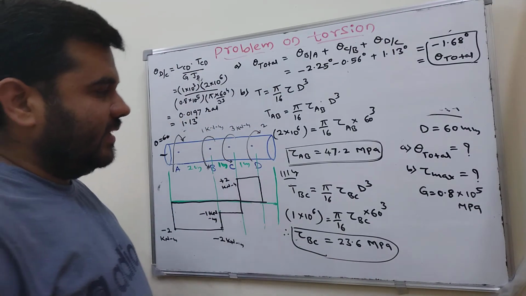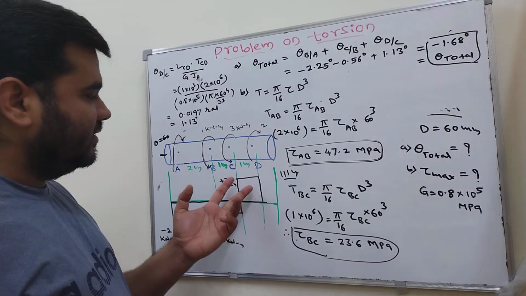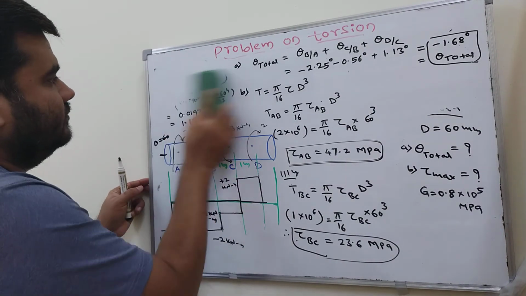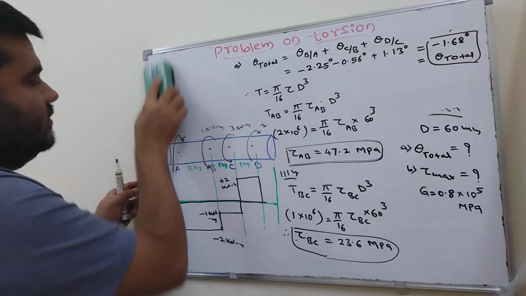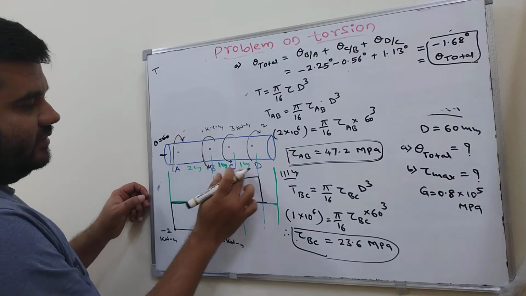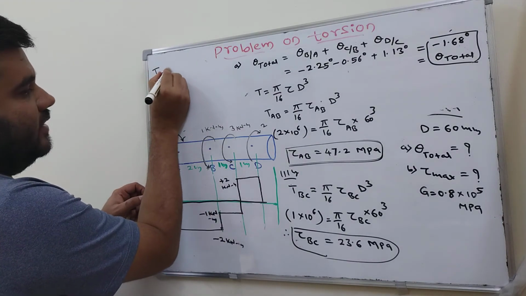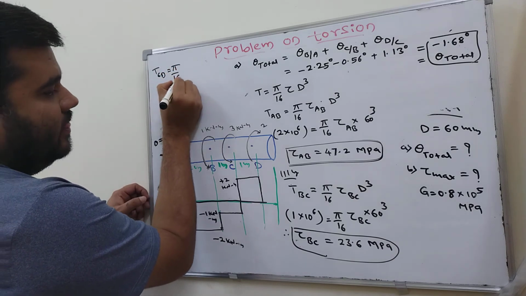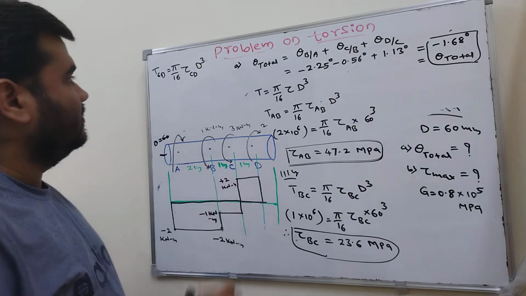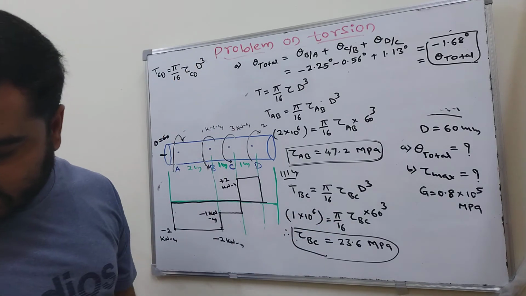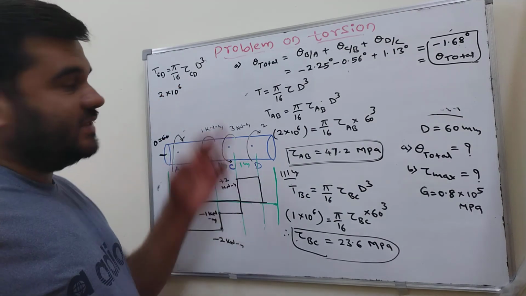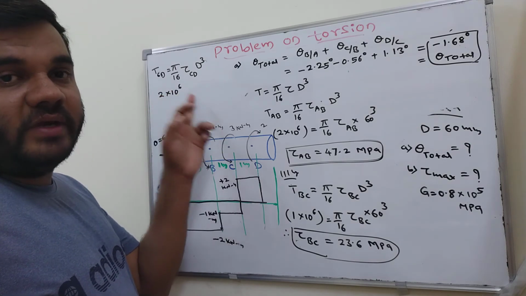Okay, so similarly calculate the other remaining section here. The remaining section is CD. I will apply torque at section CD equal to pi by 16 into shear stress at section CD into diameter cube. CD, how much? We calculated before, that is 2 into 10 raised to 6, because it is in kilonewton meter, convert into Newton mm.